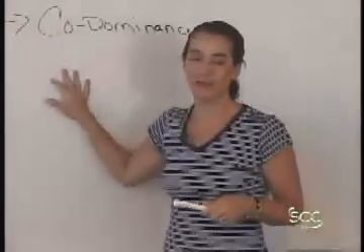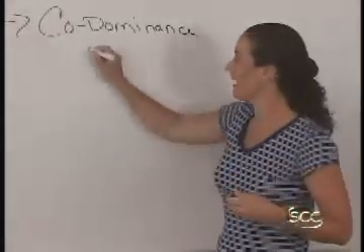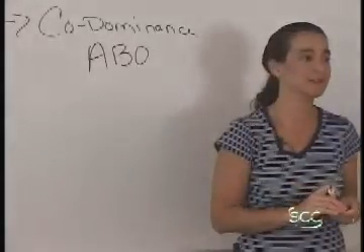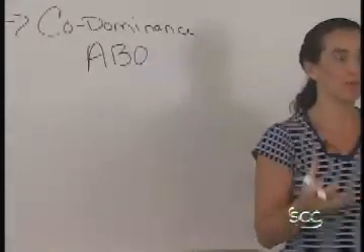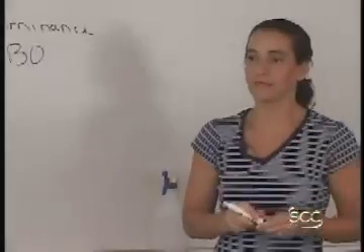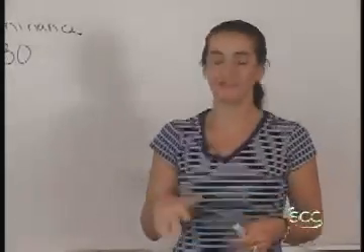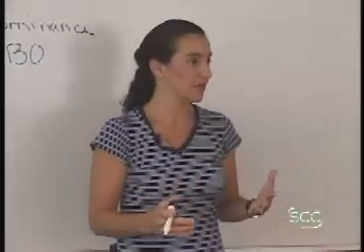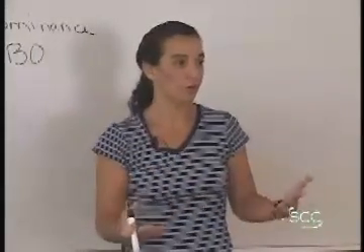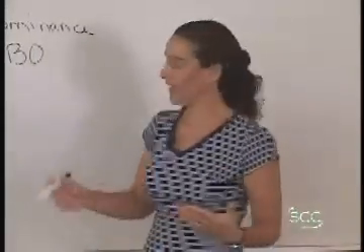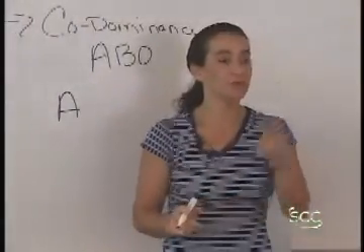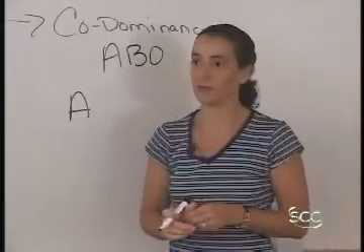Well, codominance with our ABO blood typing is very important because our blood cells contain proteins. They're known as immunoglobulins. And on these immunoglobulins, we have these markers that detect what our blood typing is. Okay? If you have type A blood, you have 2 variations of that type A blood you can be.